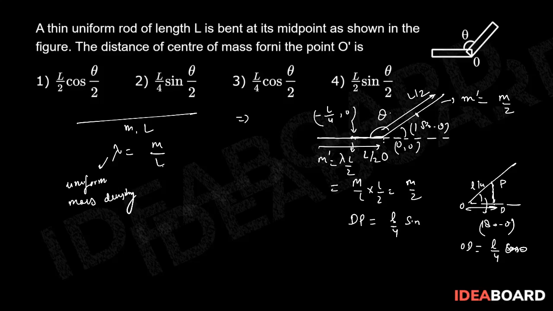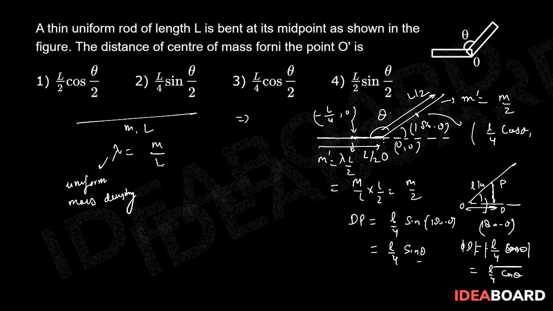So L by 4 sine of 180 minus theta; this should be minus, but that doesn't make sense because we need the modulus of the rod length. So L by 4 cos theta and L by 4 sine 180 minus theta, which directly gives L by 4 sine theta, correct? So the center of mass for this rod is at L by 4 cos theta comma L by 4 sine theta.